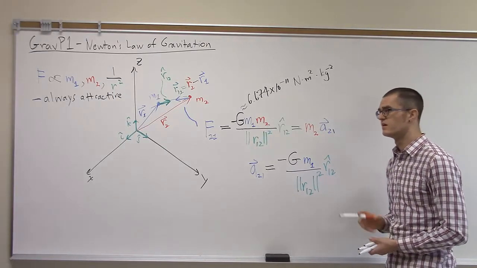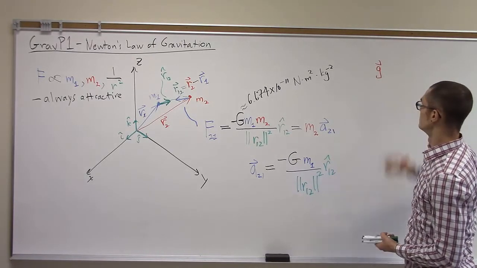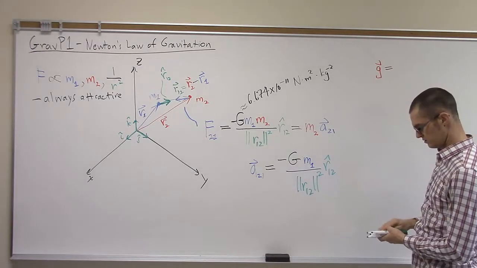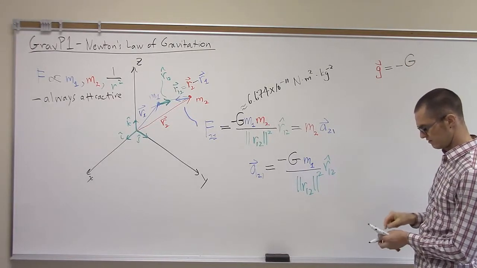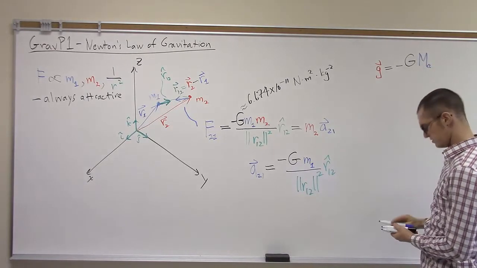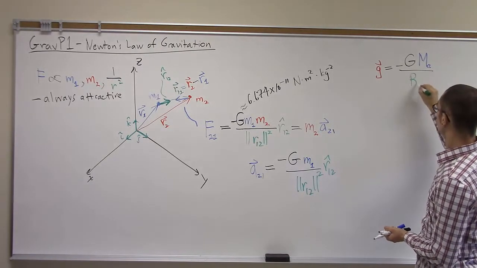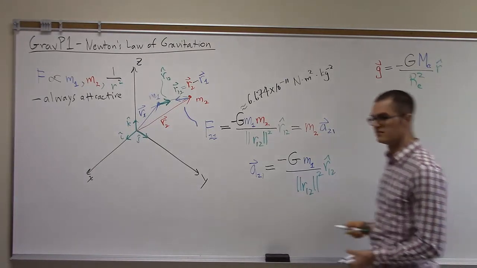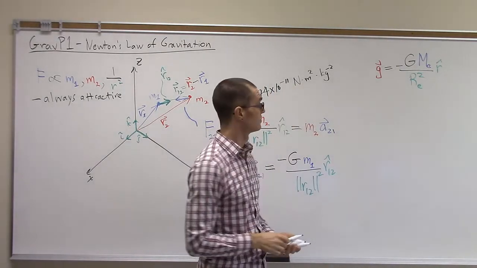So I can say that g at the surface of the Earth is equal to negative capital G, the constant of gravitation, times the mass of the Earth divided by the radius of the Earth squared times a unit vector r hat, which points outward from the center of the Earth towards the point at which we're interested in g.